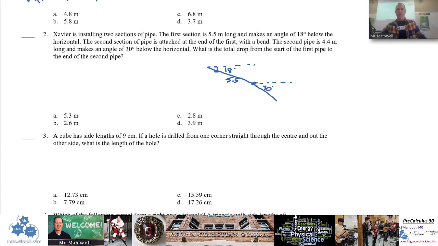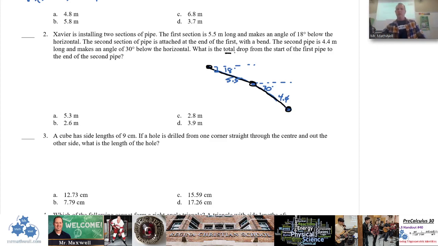And it is how long? 4.4. So it's going to be a little shorter. Okay? So we have one section of pipe like this. We have another section of pipe like this. See that? And they're at different kind of angles.